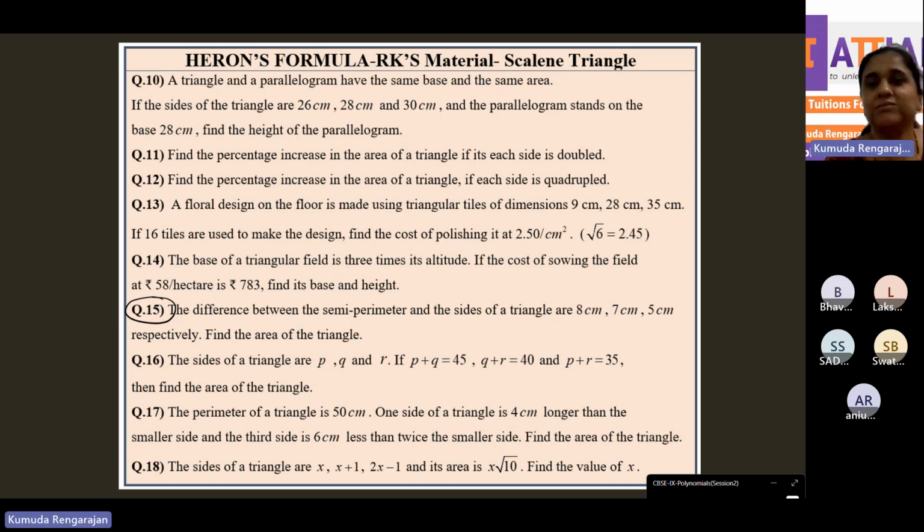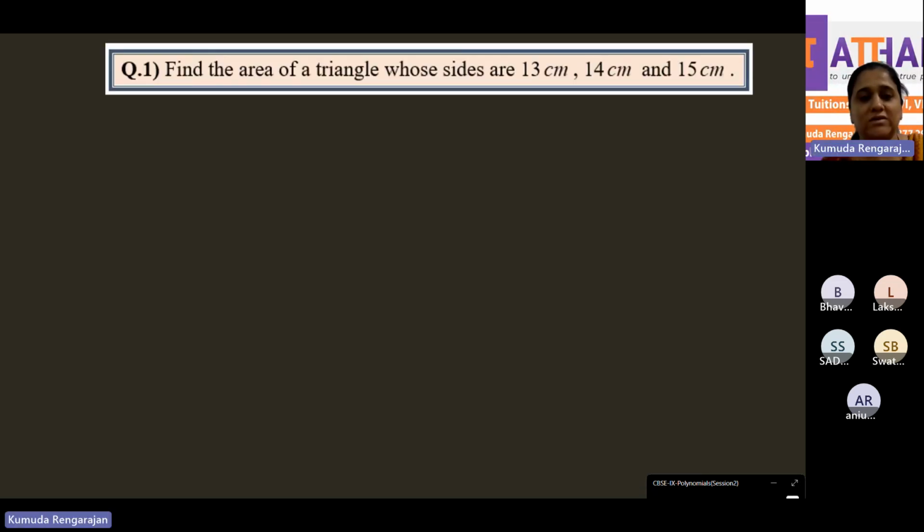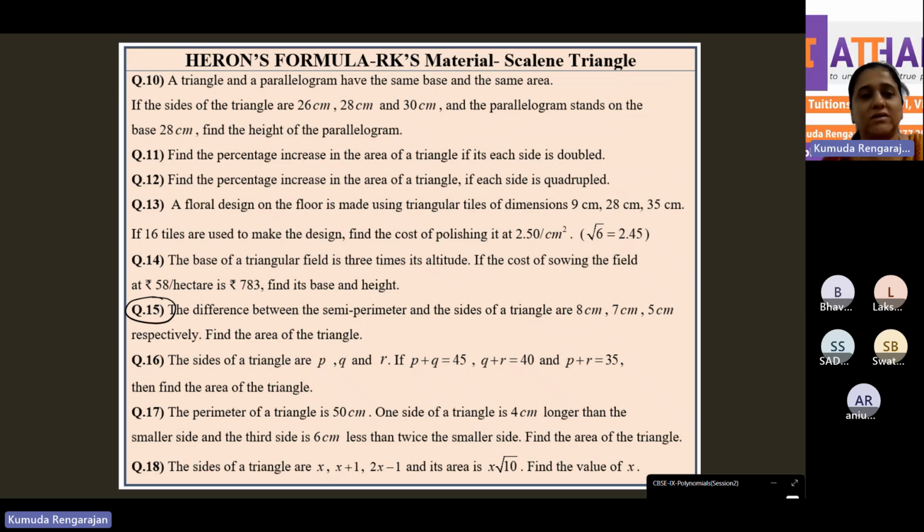Ten to 3, huh? Okay. That will be, let's see. Are we working? Oh, the sides are not 8, 7, and 5. Hmm.